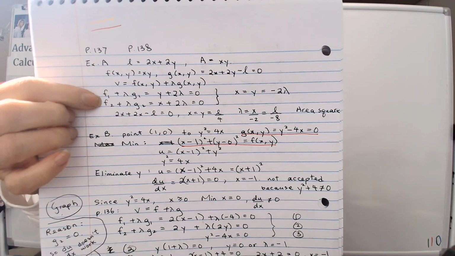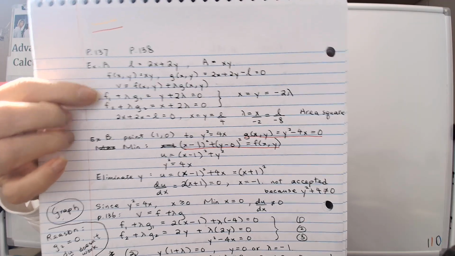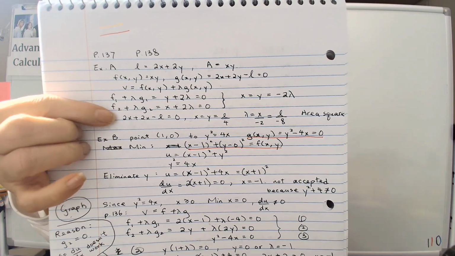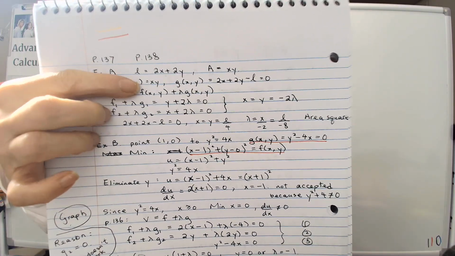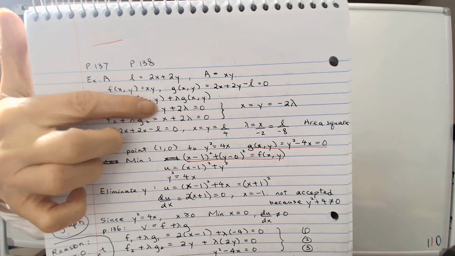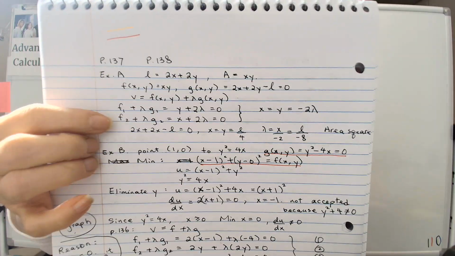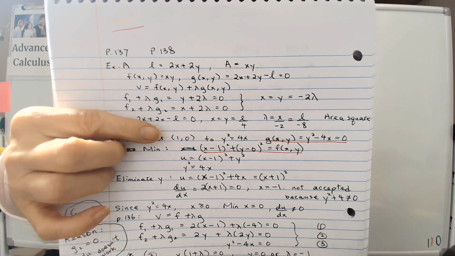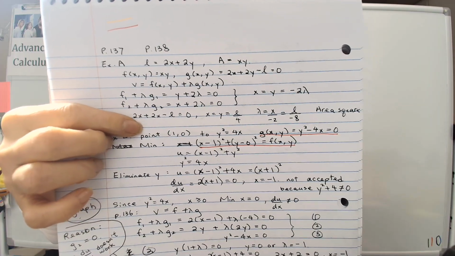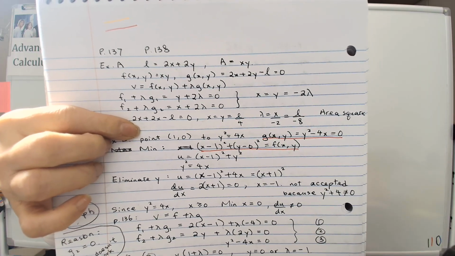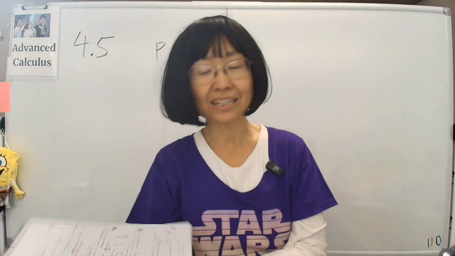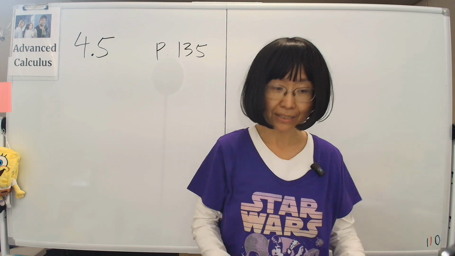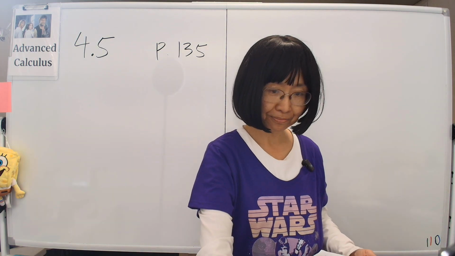And then we take the partial derivative of v. We get this one and this one. And so we got 2 equations plus the g itself, so 3 equations. And then from these 2, we quickly notice that x and y are the same. And so if x and y are the same, plug it in here, then you notice that x and y have to be L over 4, which means the shape must be a square. So it's a quick, easy example to demonstrate the Lagrange multipliers. So please do that yourself as well.